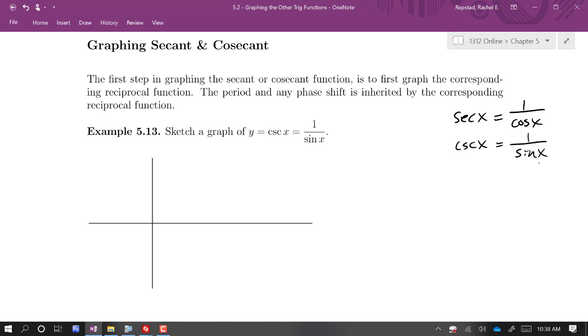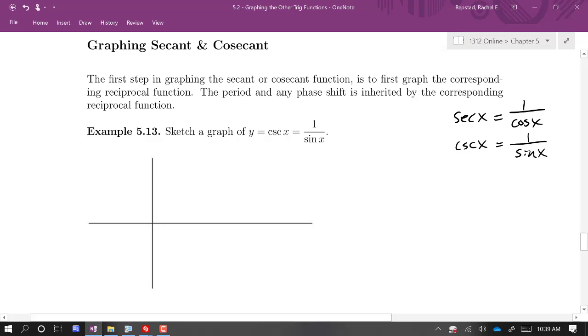I always actually graph it, maybe lightly, because that's not the actual graph we're after. But places where that graph is 0 tell me where I'm going to have a vertical asymptote, because we cannot divide by 0. And then we use the behavior of either the cosine or sine function to tell us what the behavior of the secant or cosecant function will be.